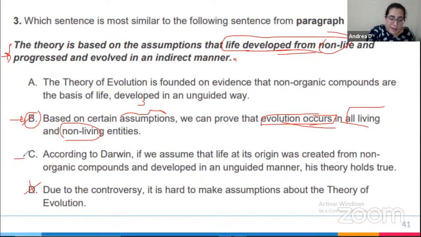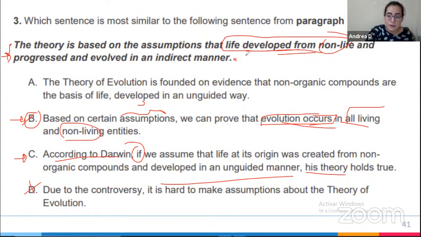Now, I gotta be honest, option C is tempting because it's kind of saying the same thing, but it's adding something else. Not necessarily this according to Darwin, but the conditional thing. Like if we assume that life at its origin was created from non-organic compounds, perfect, that's non-life, and developed in a non-guided manner, perfect, that's this. But the condition and the result that they're adding, like if we assume this, then his theory holds true.